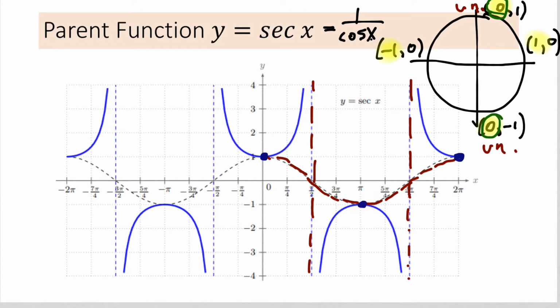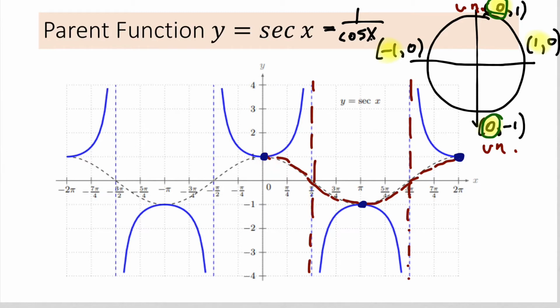At pi, here, your cosine is negative 1. 1 over negative 1 is also negative 1. So they have the same value. The cosine and secant have the same value at pi. And then full circle, we're back to this situation again. So at 2 pi, they also have the same value. So these 3 dots are going to be on the graph of the secant of x.